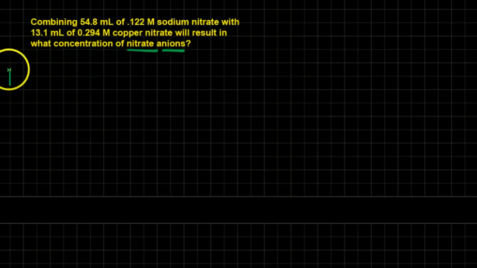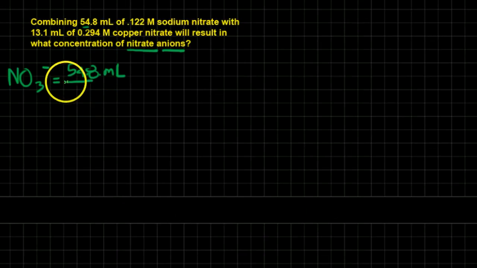So nitrate, it looks like this, right? NO3, and it's a -1 charge. Well, the number of moles of that is going to be equal to the solution, 54.8 milliliters.